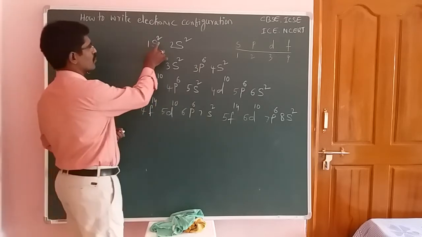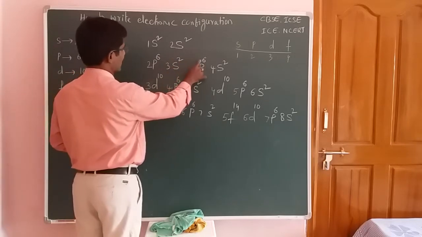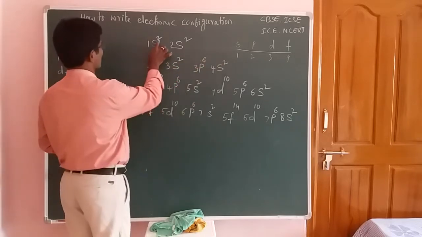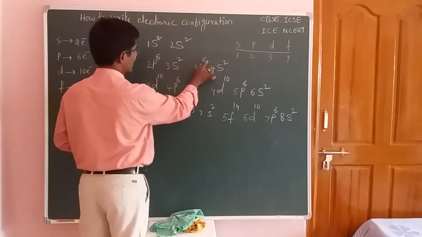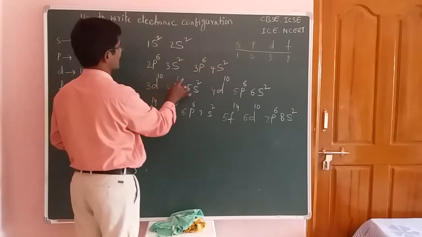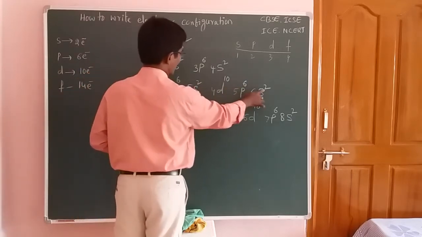Okay, students. 2 electrons, 4, 10, 12, 18, 20, 30, 36, 38, 48, 54, 56.